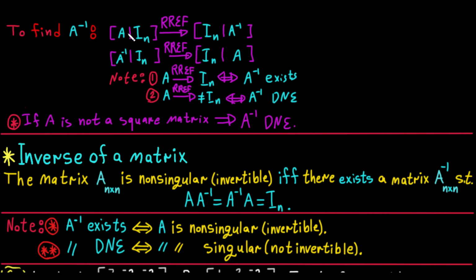If you can transform A to the identity matrix by reduced row echelon form, which means that you use elementary row operations, row switching, row addition, and row multiplication, to transform A to identity, then on the right hand side, the identity will transform to A inverse.